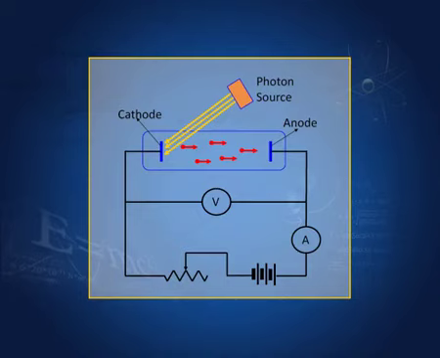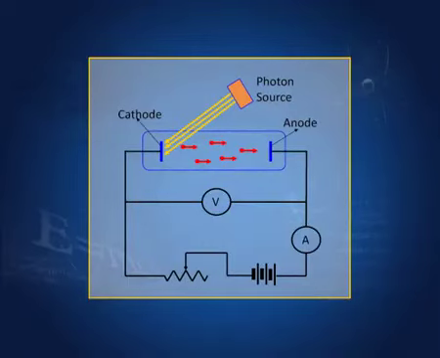And there is an arrangement to vary the intensity of the photons. Intensity, you remember, is the number of photons going through a unit cross section per second. So, the number of photons which go through a given cross section increases or decreases.